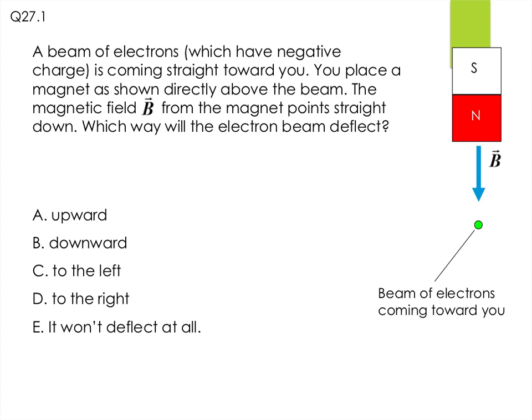Now, in this problem, and probably a couple of the following problems, we're practicing using the right-hand rule to find the direction of the force given different scenarios for velocity and magnetic field. Here, they're talking about electron beams coming at us, and that's represented by this dot.